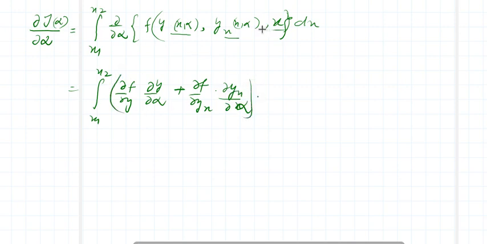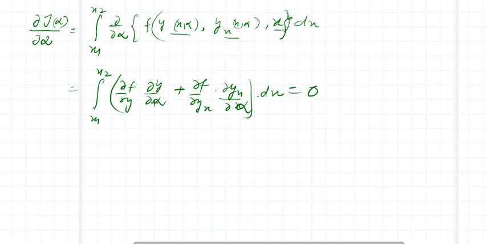This is its partial derivative, and I am not taking it with respect to x because it is 0, being independent of alpha. So it is dx and it must be equal to 0.